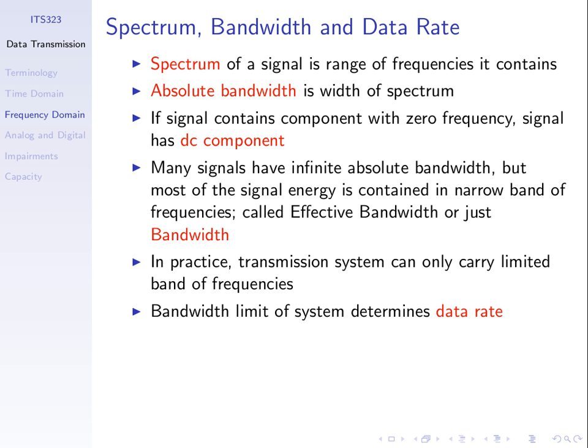Of S2 it is 300 hertz. Of S of t here, we'd say it contains two frequency components. The spectrum is 100 and 300 hertz. So it's the range of frequency components that the signal contains.